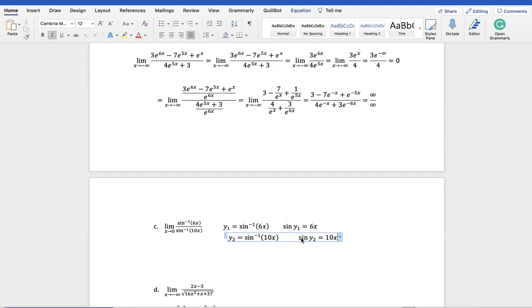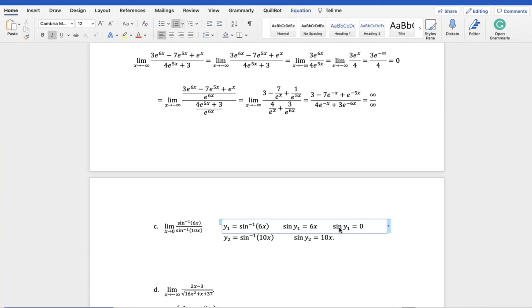And then as soon as you have that, you know that as x tends to 0, because that's the limit that we have, if x is equal to 0 in the first expression, you have that sine of y1 is equal to 0, right?